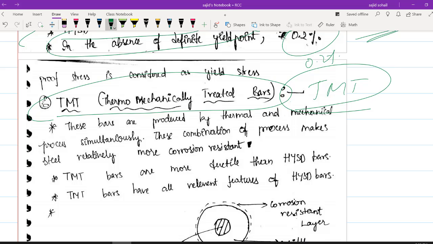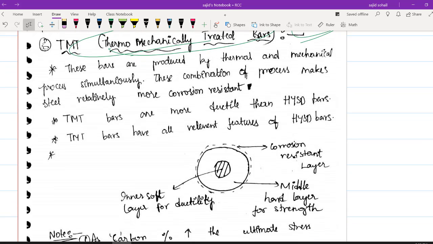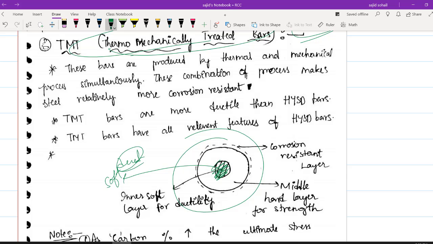They stand for thermomechanically treated bar. This full form is also very important; in small examinations it can be asked. So basically in these bars we will have three sections. One is the inner section. The inner section is a little bit soft, therefore the ductility will be high in this inner section.